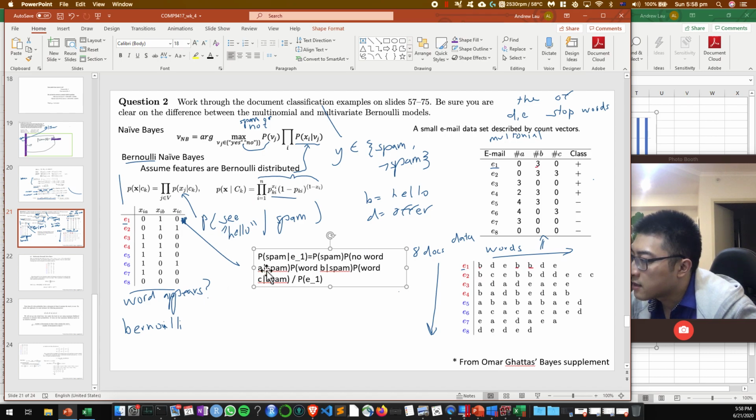That's why it's naive Bayes. We're assuming independence between all these words.